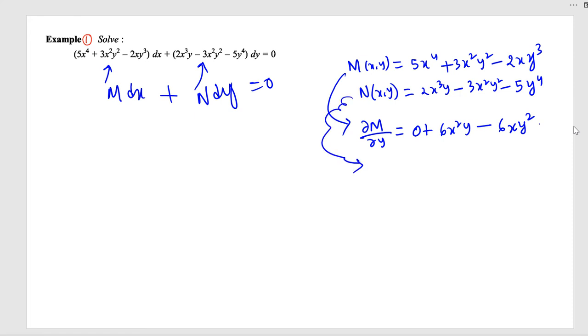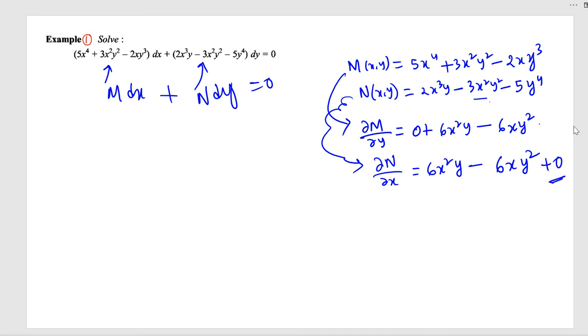And for this one we get del N del x. Here you get 6x square y minus, here x square is there, so 6x y square plus 0.